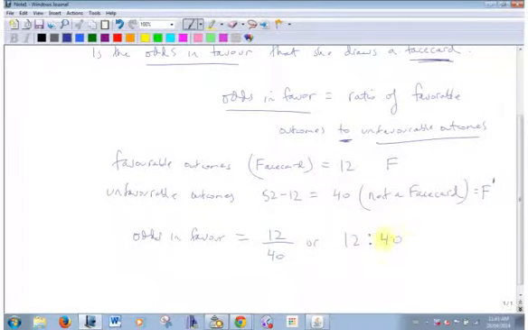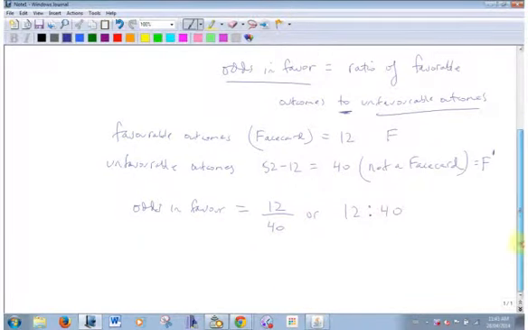That means the actual car is 32 times as big as your model. Oh, we did this in grade 11, sorry, in foundations. Yeah, not in pre-calculus. Some of you did. Okay? So, that was odds in favor.